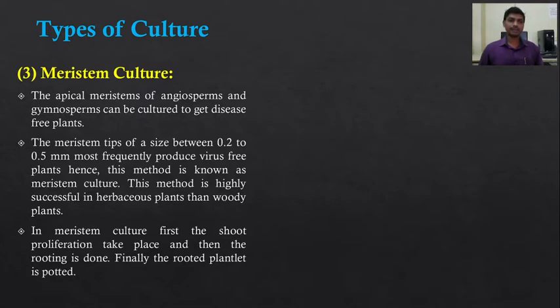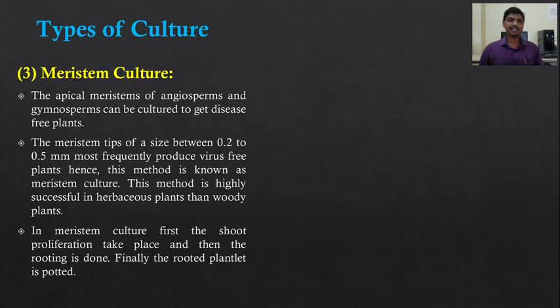Hence this method is known as meristem culture. Here the explant used is the meristem. The aim behind the meristem culture is to get disease-free plants. For that, the meristem tips of a size between 0.2 to 0.5 mm can frequently produce virus-free plants. So this method is known as meristem culture.